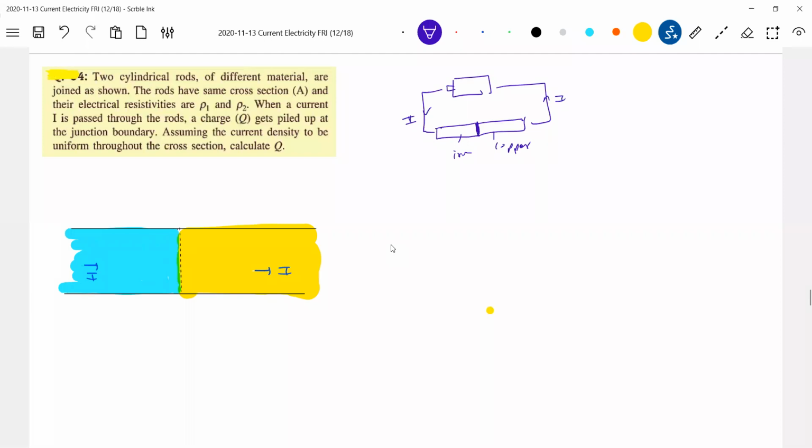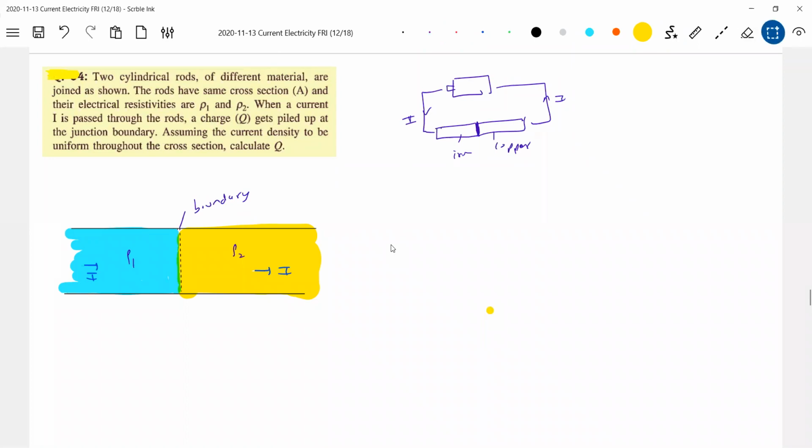Therefore the current in both the regions has to be the same. The resistivities of them here, these are called like a boundary. So current is same, area of cross section is same. So what should the current density be? It has to be the same.